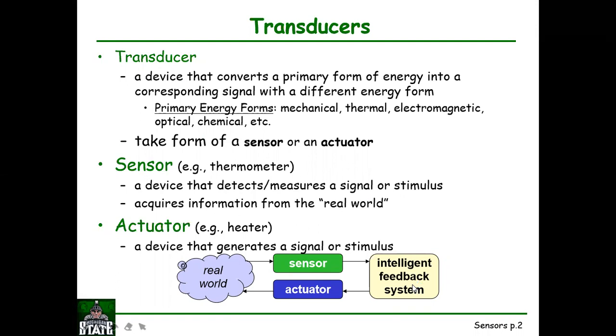This intelligent feedback system will do some operation, and based on that operation it will give a signal to the actuator, and then the actuator will finally work and give some function, some signal in the form of a working function to your real world. So basically, we are giving a signal to the sensor, it's giving a signal to the intelligent feedback system, again it is giving a signal to the actuator, and finally we are getting output in the real world only.